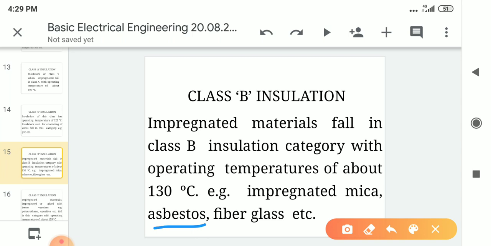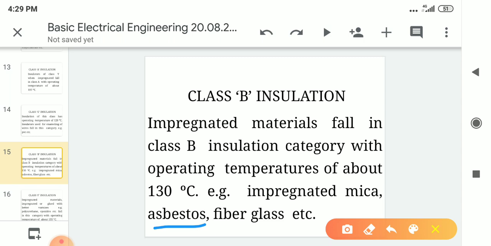Because the kettle or iron box temperatures are raised up to 130 degrees centigrade, we do not use any PVC type of bases or glass or cotton. There we use asbestos to prevent leakages from the apparatus to the surroundings. That's why we maintain its base with asbestos.